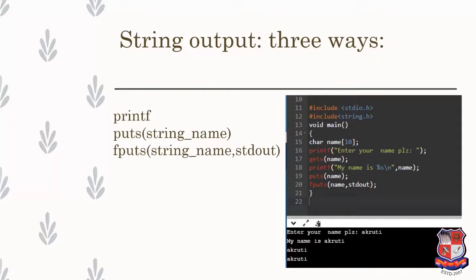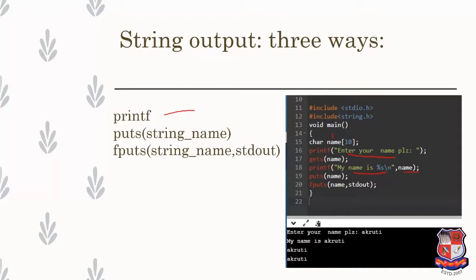So you can see this directly in one simple example. In printf, you can see "Enter your name". And if I want to print it, I can directly write "My name is %s" with name. Why have I taken name here? Because the name of my array is name. Second one is puts.